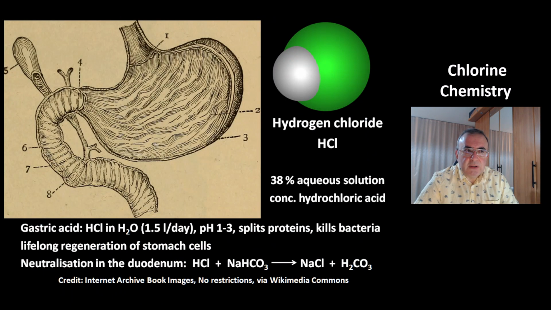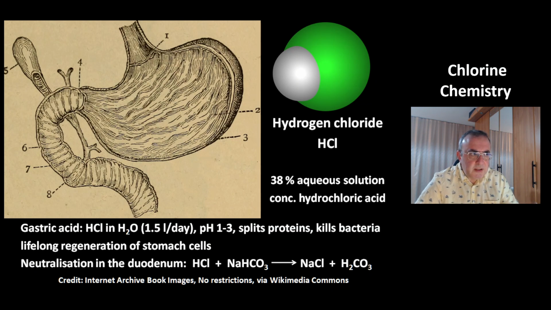This is another important compound in chlorine chemistry, that's hydrogen chloride, HCl. A 38% aqueous solution is called concentrated hydrochloric acid, and gastric acid is hydrochloric acid with lower concentration.